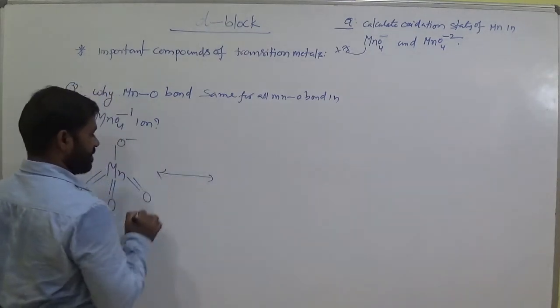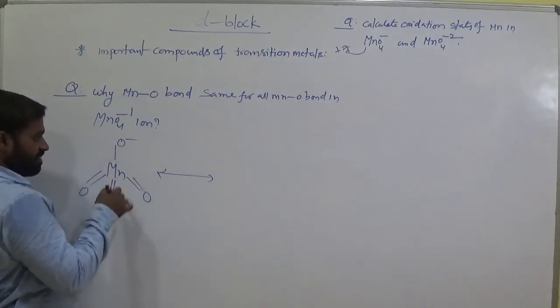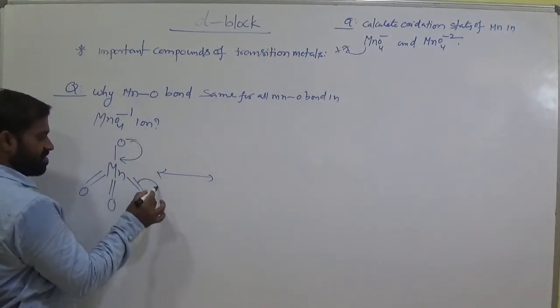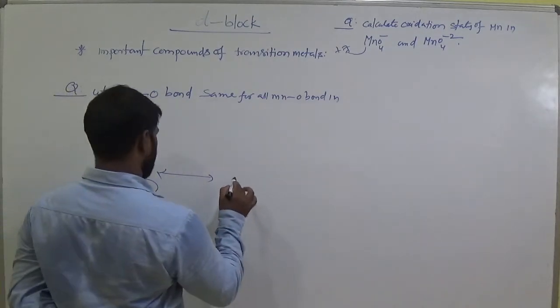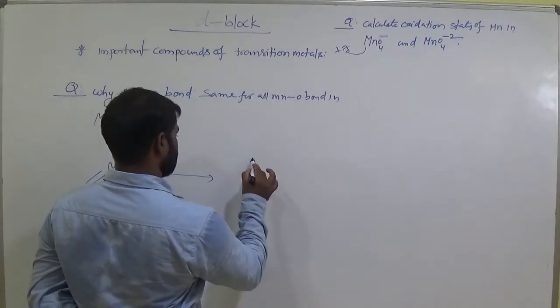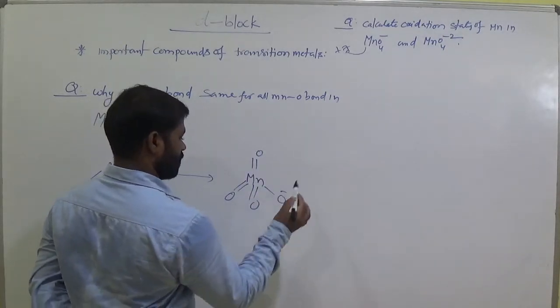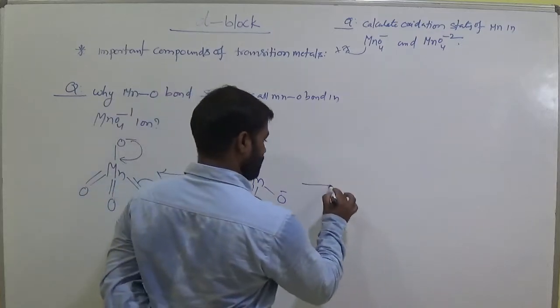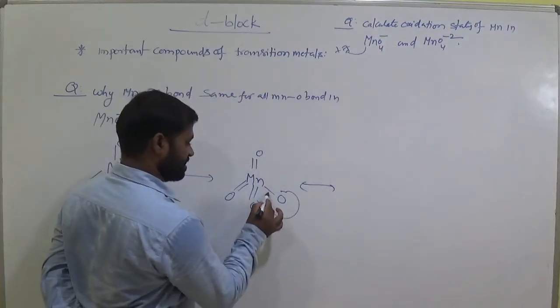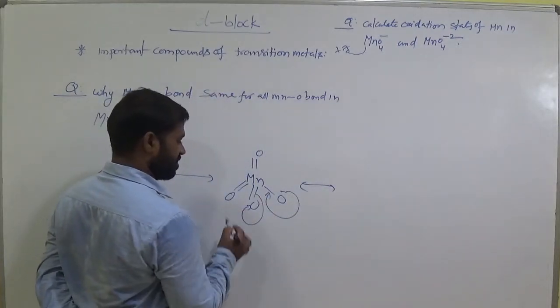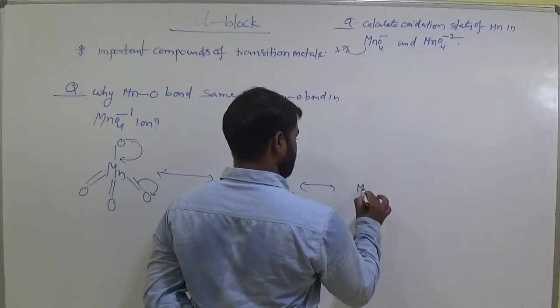Resonance means this structure can change; suppose this charge here moves to here. Now the structure is Mn double bond O minus. Again, the minus charge moves, and this charge goes on oxygen. Now what about this one?